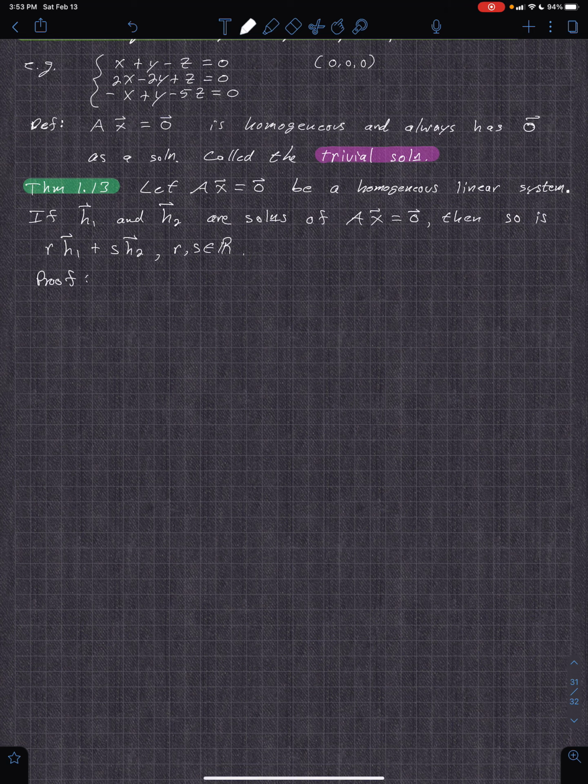So let's suppose that H1 and H2 are solutions to that system. First we're basically saying this is what's true of that homogeneous system. So let H1 and H2 be solutions of AX equal to 0.